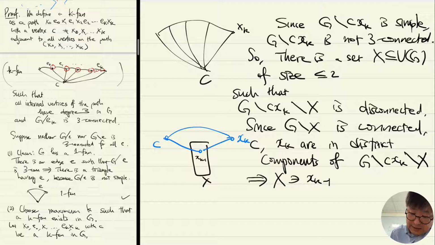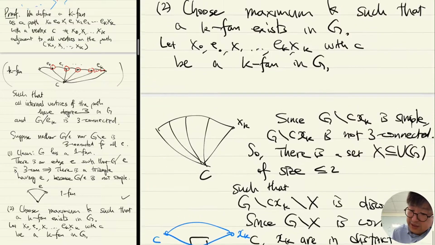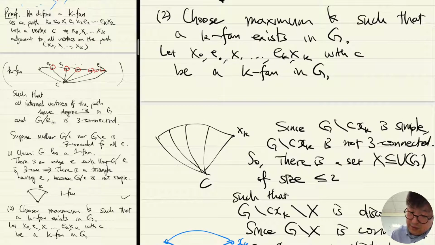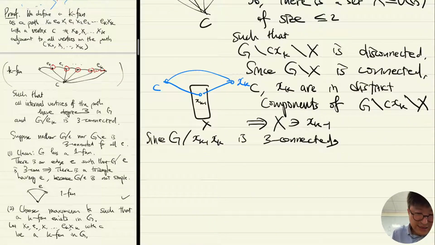Now we know that G contract xk minus 1 xk is three connected. Right? Because that's the definition of K-fan. The definition of K-fan states that when you contract the last edge, you have to have a three connected graph.